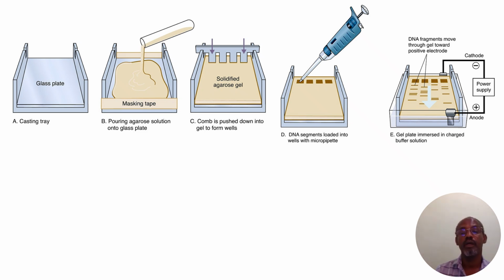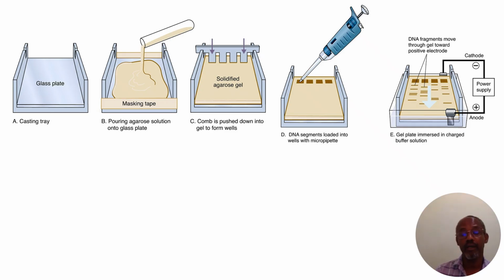Then this glass plate is attached to the power source, anode and cathode, and the DNA migrates towards the anode because it is negatively charged, and you know it, opposite charges attract each other. So DNA is negatively charged and it is attracted towards the anode, the positive side.